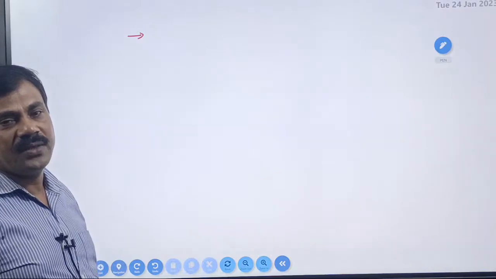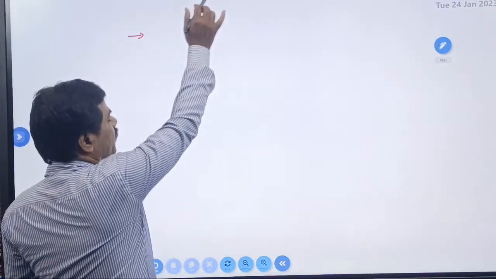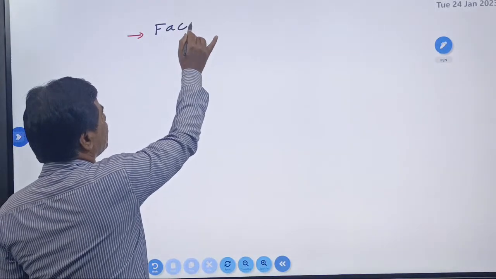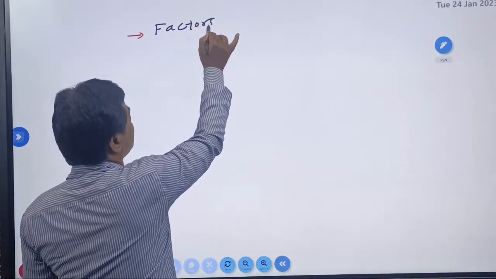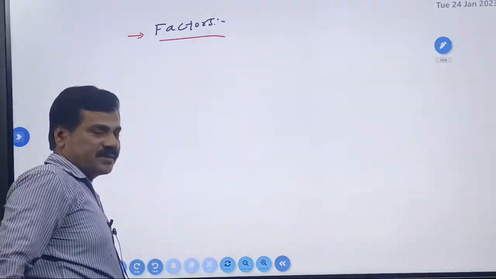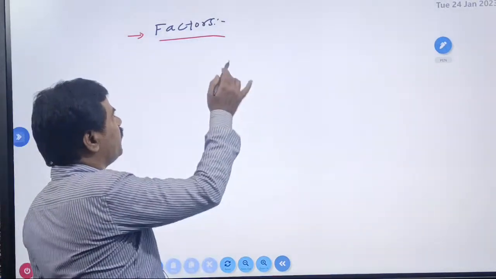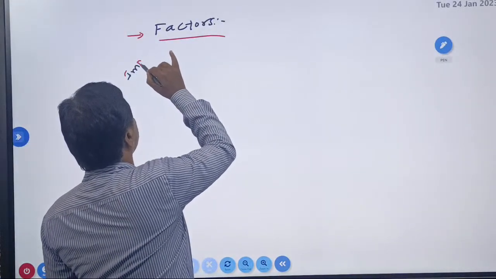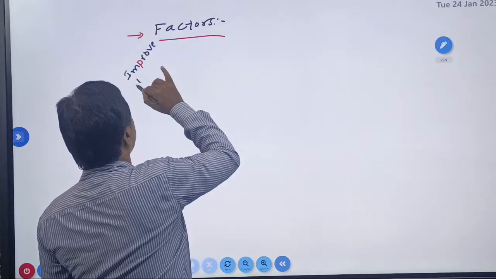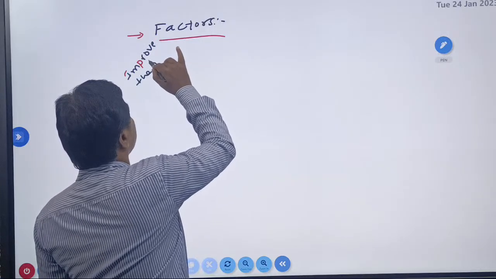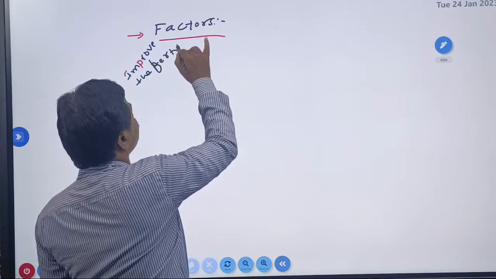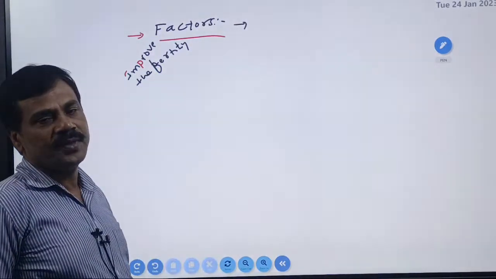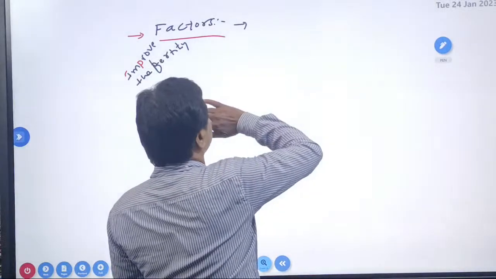Which factors decide the increase of fertility is very important. It takes many years, and some factors also support it.